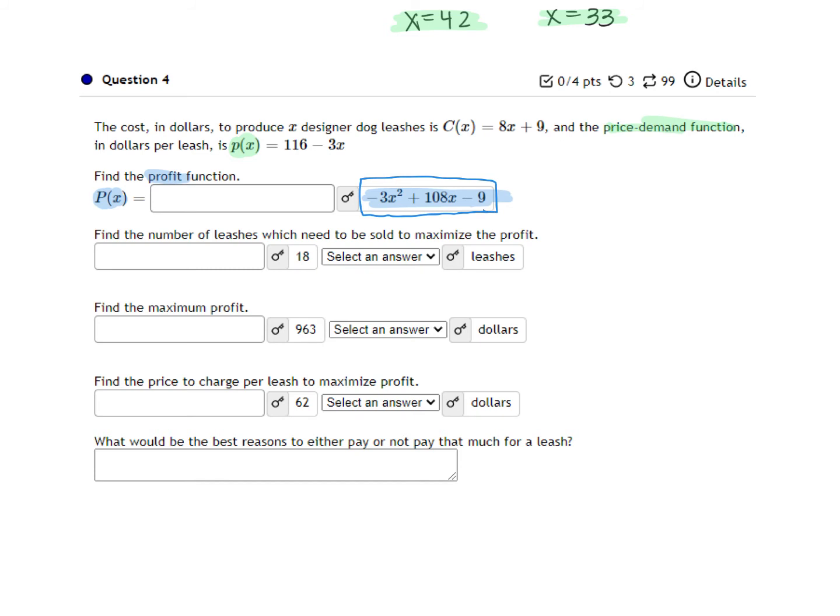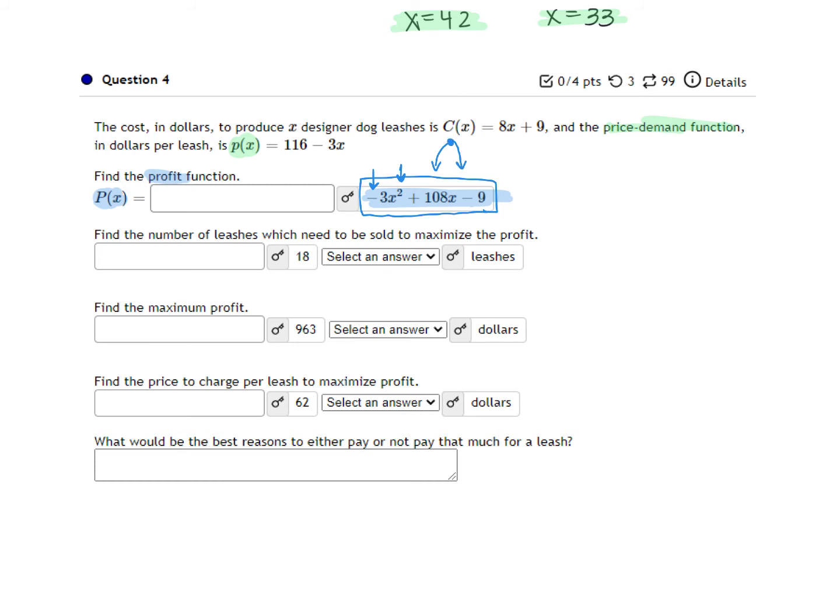So notice that this is a quadratic function. Also notice that the leading coefficient is negative. The degree is 2, that tells us that it's quadratic. Since the leading coefficient is negative, that means that your parabola is going to be going down. And so you can see that we have a maximum value up here.